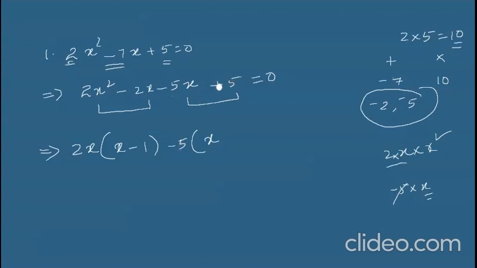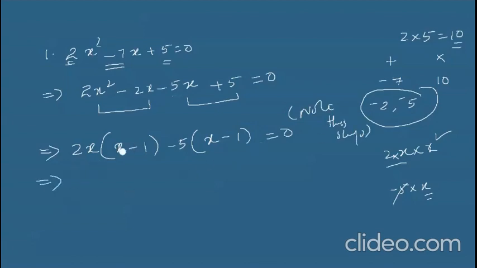So from a positive number, when you take a negative sign outside, there will be a negative sign remaining, because negative into negative is positive. Then negative 5 here, so here it will be 1 because 5 by 5 is equal to 1. Equal to 0. Please note this step. Try to understand that this step is clear.